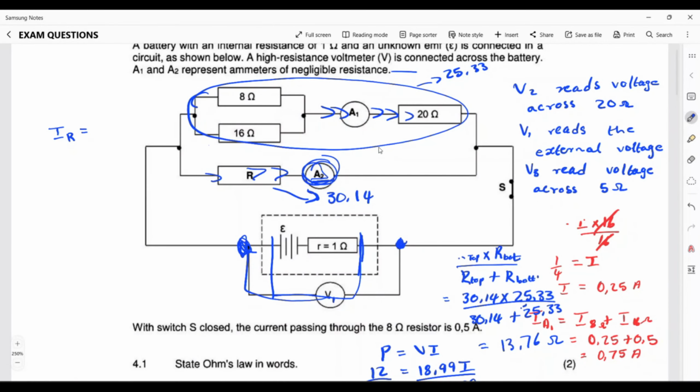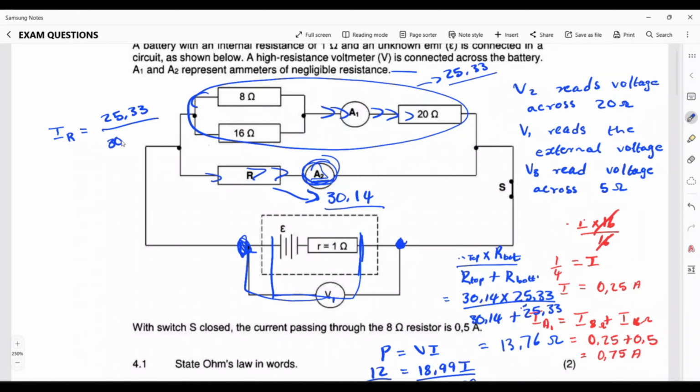So your numerator, you are going to say 25.33. That is for the branch that you're not looking for. Then your denominator is going to be the addition of the parallel branches only. So the parallel branches are 30.14 and 25.33.